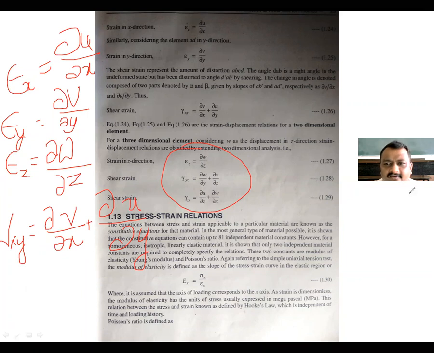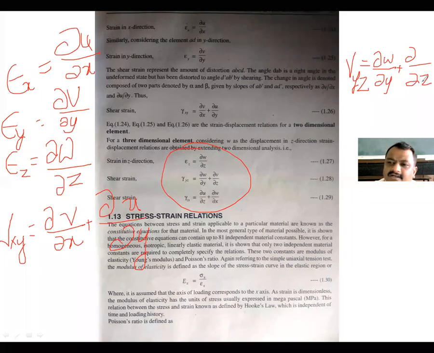Now if I am writing for gamma yz, you tell me what I should write. For yz, dou by dou y, you write it first, dou by dou z, you write it first. Then for displacement in y direction, that is v, you write it as w for z. For displacement in z direction, it is w, you write it as v.